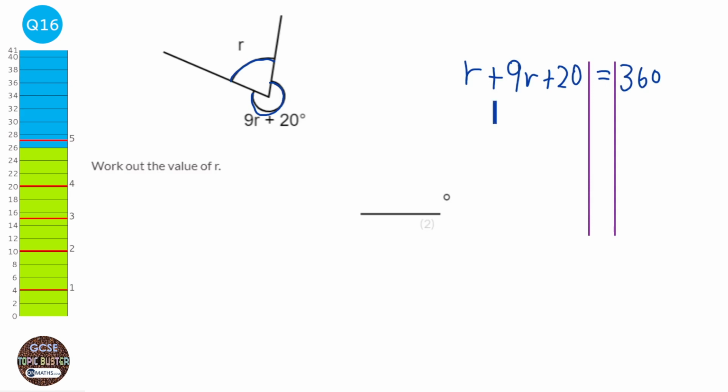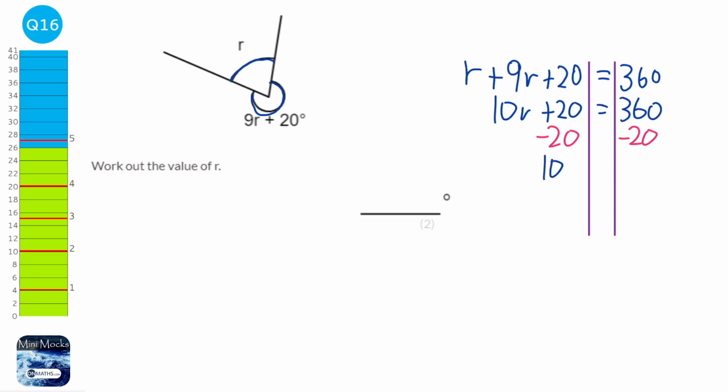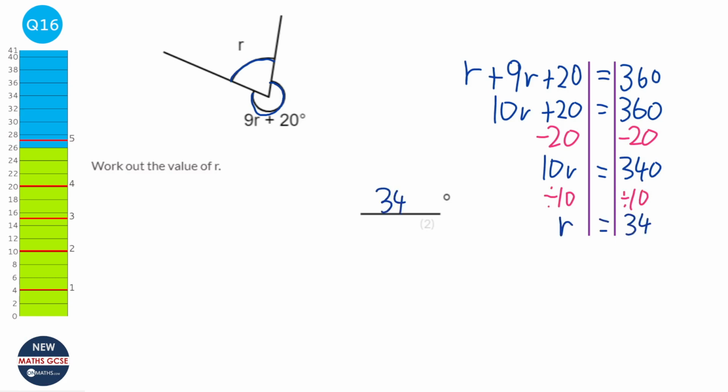First of all, let's add the r's together, so that will be 10r plus 20 equals 360. Then we're going to subtract the 20 from both sides. So we have 10r equals 340, and then we're going to divide by 10 both sides. So we have r equals 34. So our answer is 34.